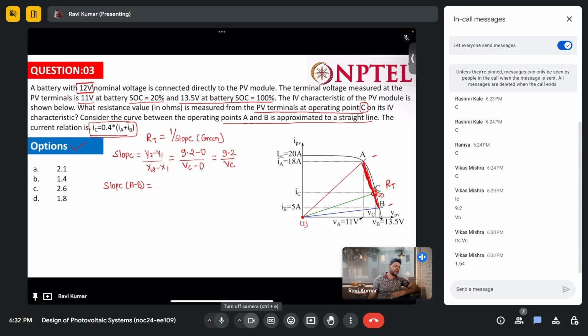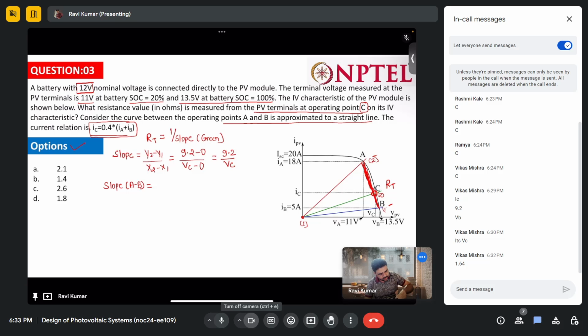Same thing, y2 minus y1. So here we will be using the same formula, y2 minus y1 divided by x2 minus x1. Let us consider this point as 2 and this point as 1.